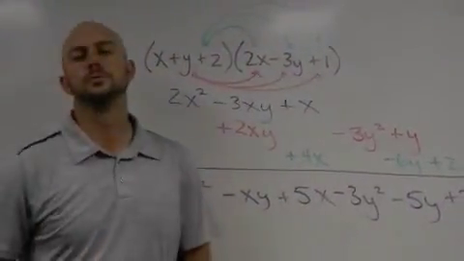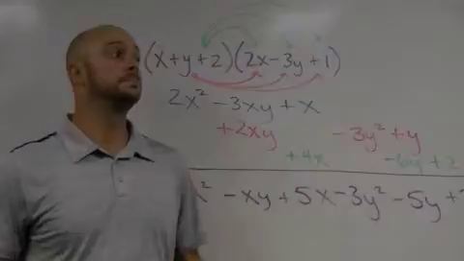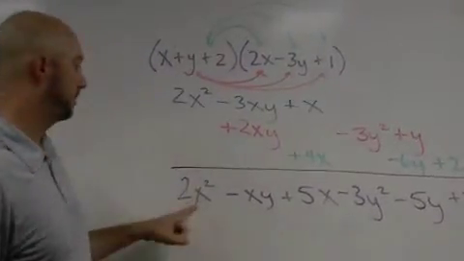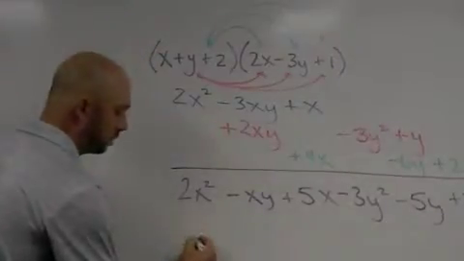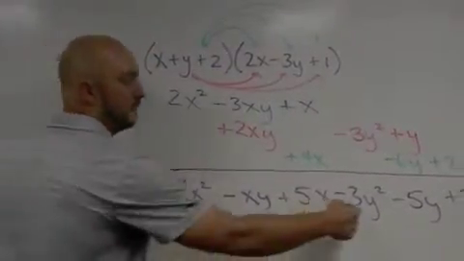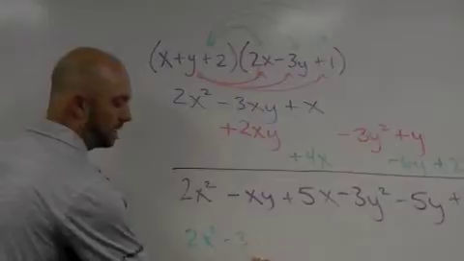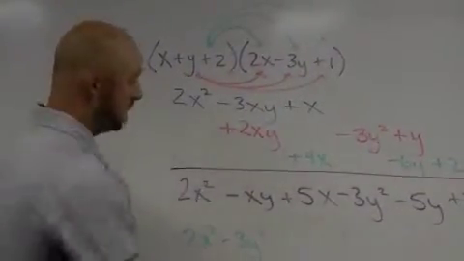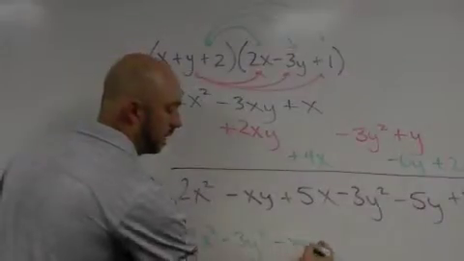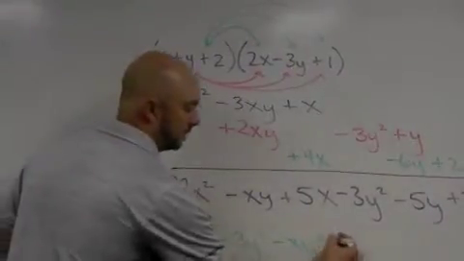There are various forms of this. Sometimes your book is going to have the x squared term first. It could be rewritten as 2x squared. Maybe we put the minus 3y squared next. Maybe we put all of our squared terms at the front. Then maybe we throw this negative xy here. We'll put the 5x.